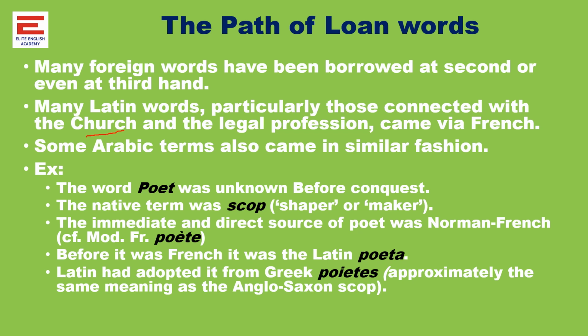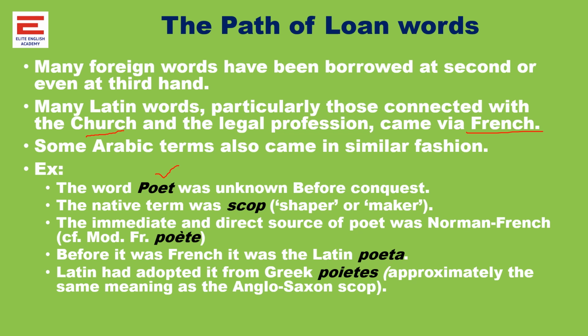First Latin words came to French, and from French they came to English. Like that, some Arabic terms also came first to French, and then from French to English. We have some examples. For example, the word poet was unknown to English before the French conquest.